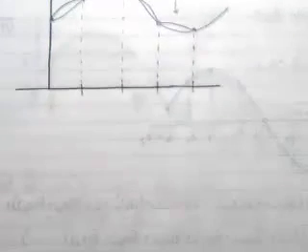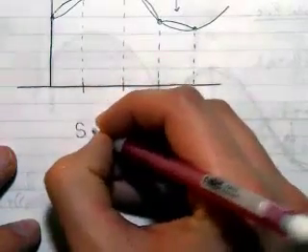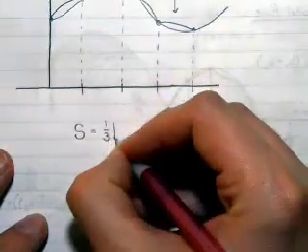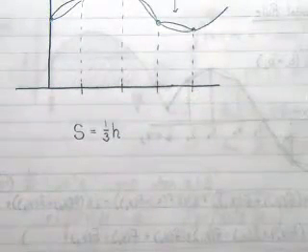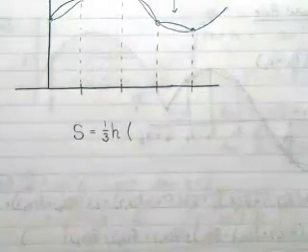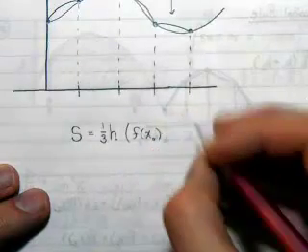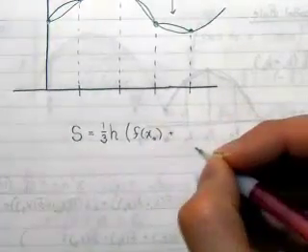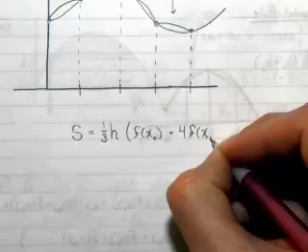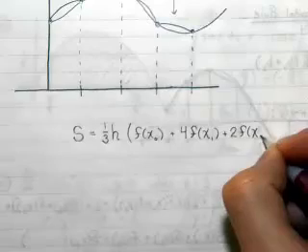For the trapezoidal rule, we did T. Simpson's rule is denoted with an S. So the rule looks like this. It's 1/3 h, and then you've got f of x sub 0. And then in Simpson's rule, it has a pattern where it starts with 4 times f of x sub 1 plus 2 f of x sub 2.